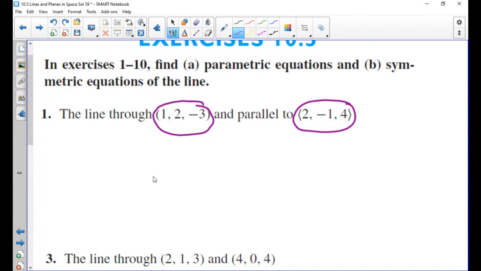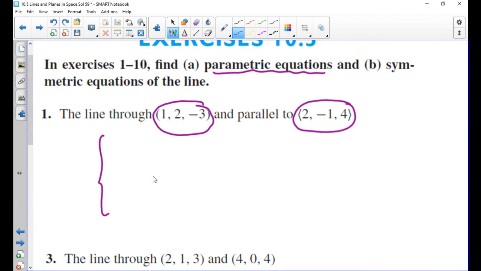So can you try it, please? So you want to write the parametric equations. Forget the symmetric, no problem. I want to write the parametric equations of a line through this point in the direction of the vector 2, minus 1. So can you write the answer?